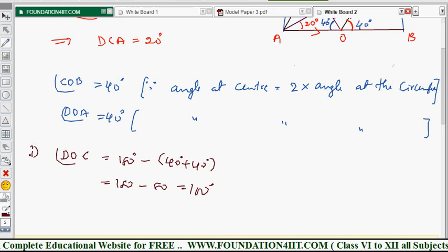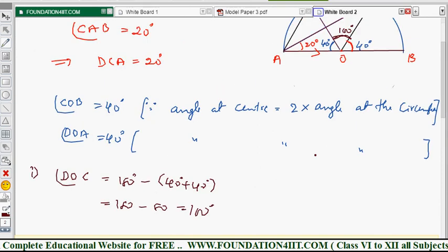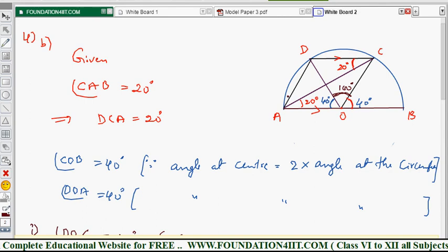Now the next one: if you observe DAC, see here, where is the DAC? This angle we need to find out. DAC is nothing but half of DOC. The same concept applies: the angle at the circumference is half of the angle at the center.